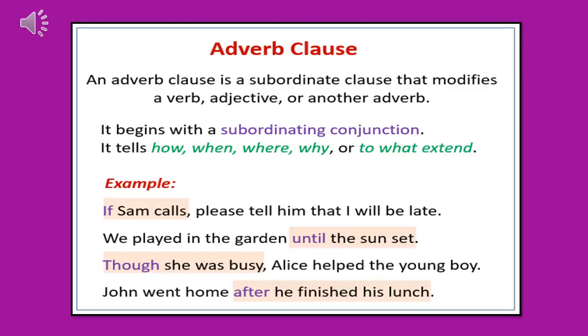An adverb clause is a subordinate clause that modifies a verb, adjective, or another adverb. So rather than focusing on this, just see a clause, and when it is describing the action that takes place, you can understand that it is an adverb clause.